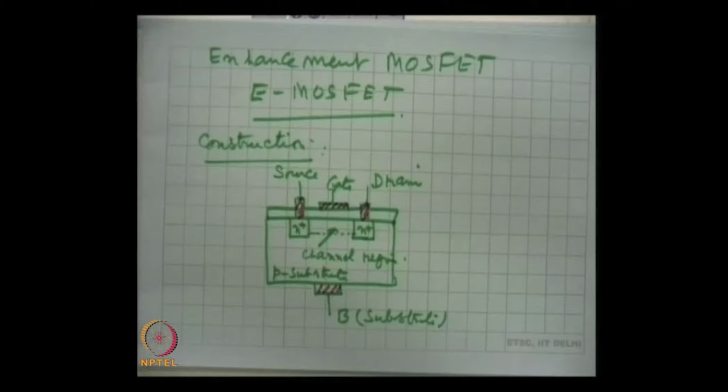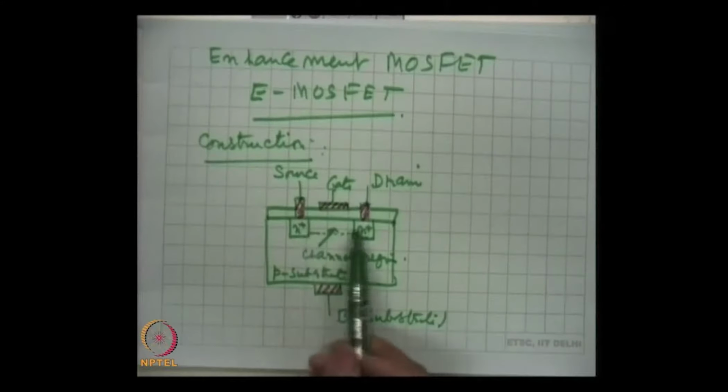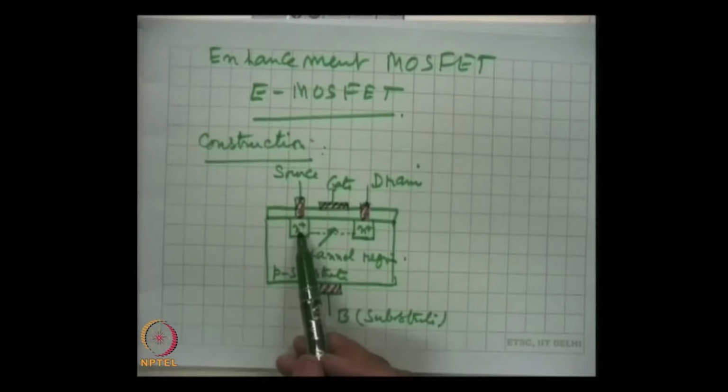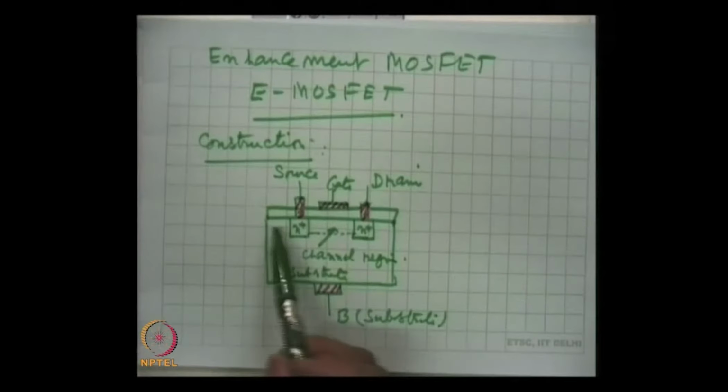Significant point is that channel is not implanted and channel does not exist initially between drain and source in an enhancement MOSFET. So, obviously, when we apply any voltage, because there is no connectivity between drain and source, no current will flow.